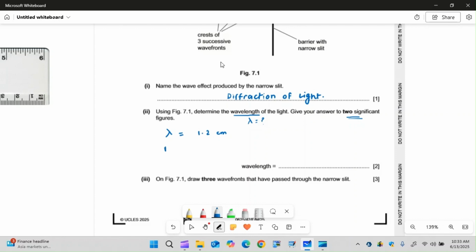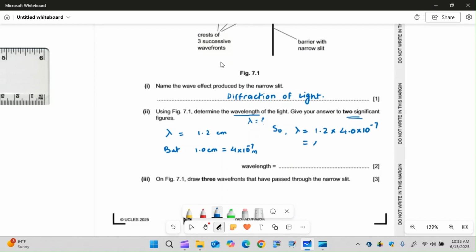centimeter, but we know that scale says 1 centimeter is equal to 4 times 10 to the power negative 7 meter. So I can say that wavelength is equal to 1.2 times 4 into 10 to the power negative 7.